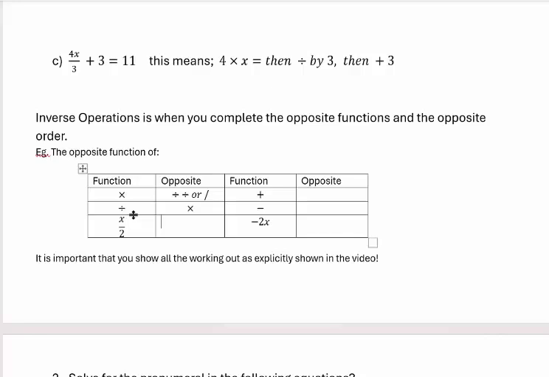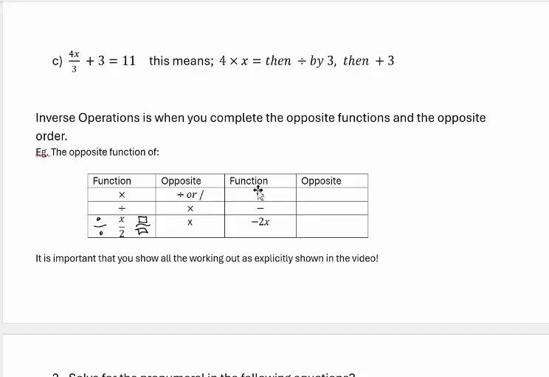Now the reason I've put this in is I need you to really understand if it's a fraction, it just means divide. Fractions look like that because they mean division. Whatever's on the top divided by whatever's on the bottom. What's the opposite to division? We've just got it there. It's multiplication.